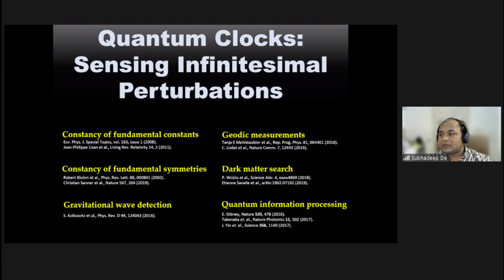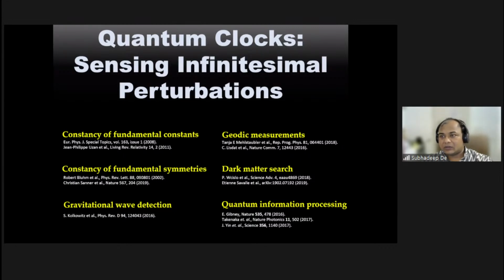The kind of things that one can measure, I have taken a few examples. For example, the constancy of the fundamental constants, particularly the dimensionless fundamental constants. We have many human-made constants in our known standard model to explain the basic physics, but these constants may not be constants.